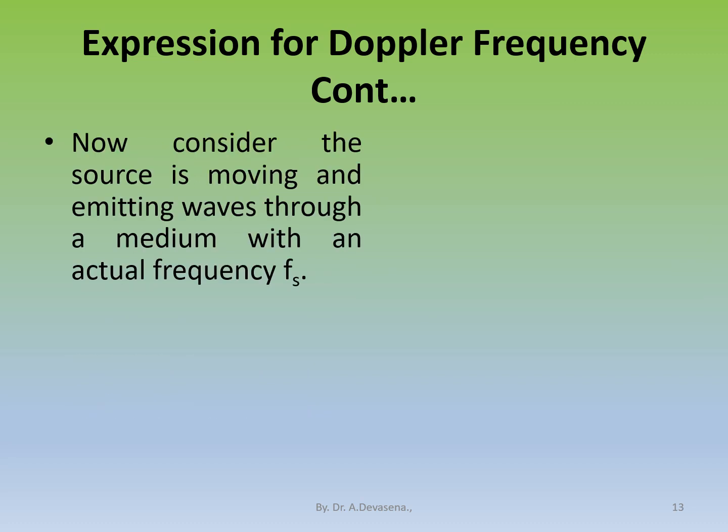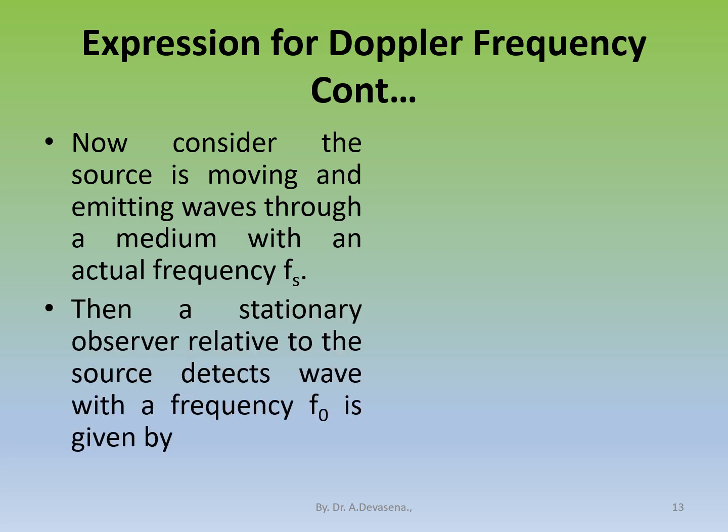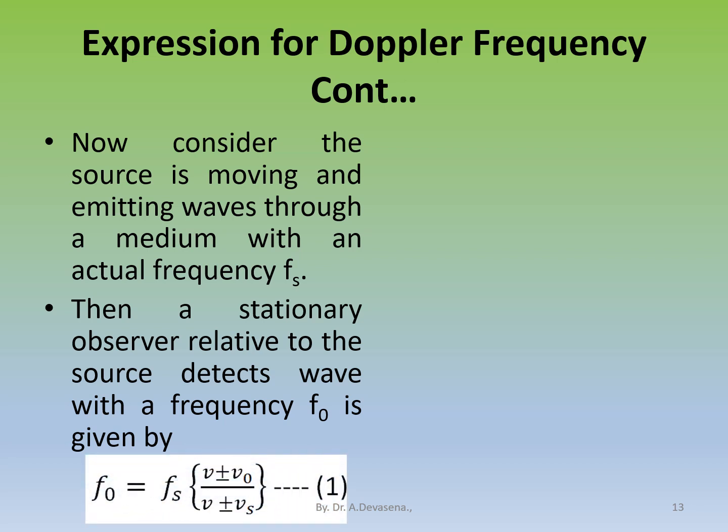Now consider the source is moving and emitting waves through a medium with an actual frequency fs. Then a stationary observer relative to the source detects a wave with a frequency f0 given by f0 = fs (v ± v0)/(v ± vs).